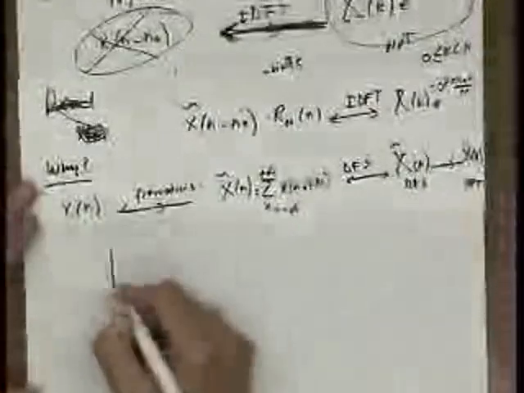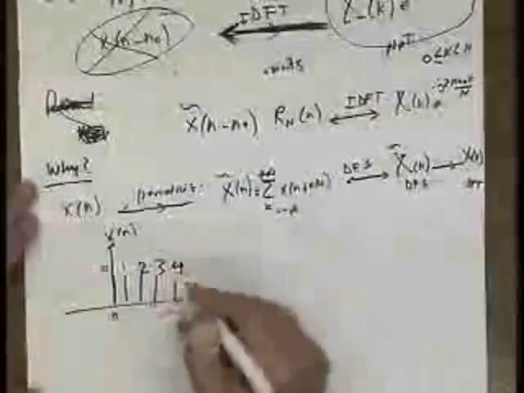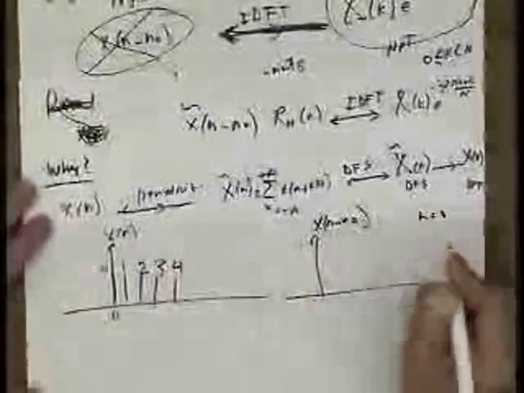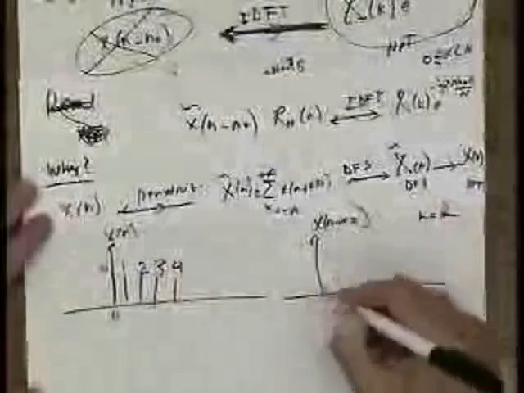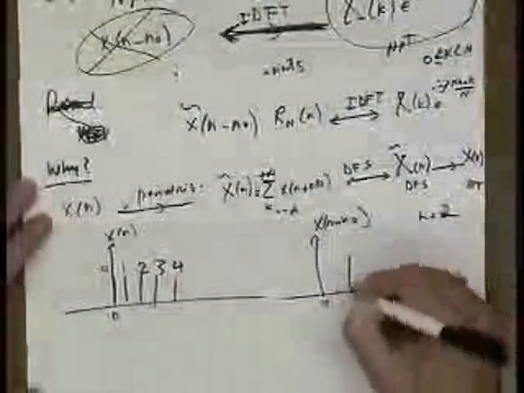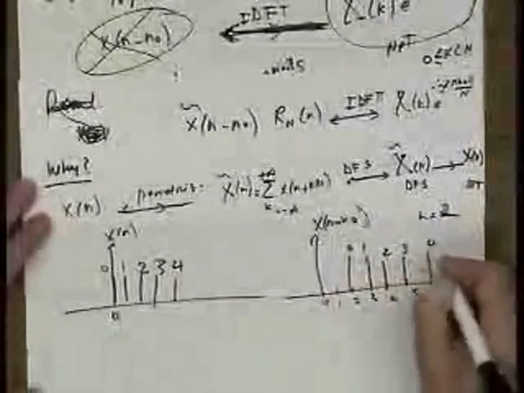And so what I'm saying is that if x of n was 0, 1, 2, 3, 4, then x of n minus n naught, let's say n naught equals 2, is just going to be 0, 1, and then 2, 3, 4, 5, it'll be 0, 1, 2, 3, 4.